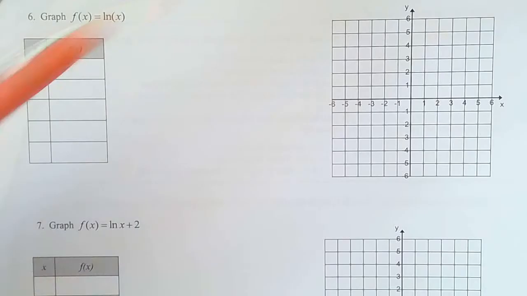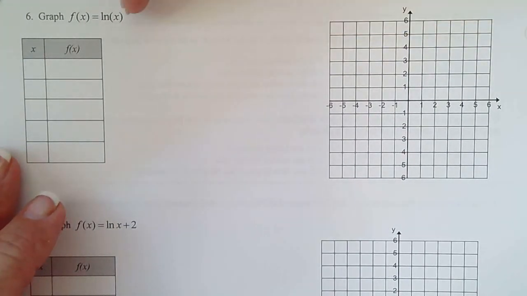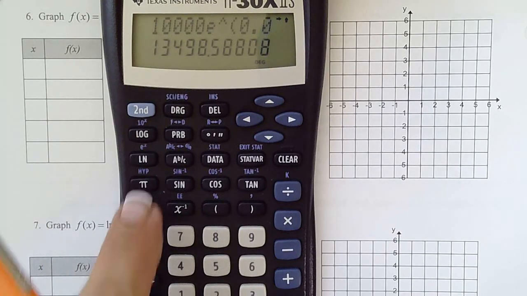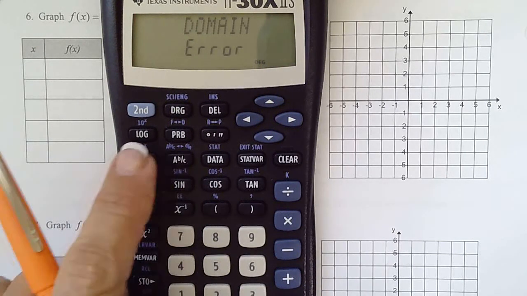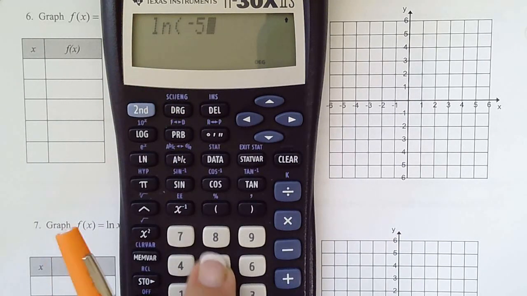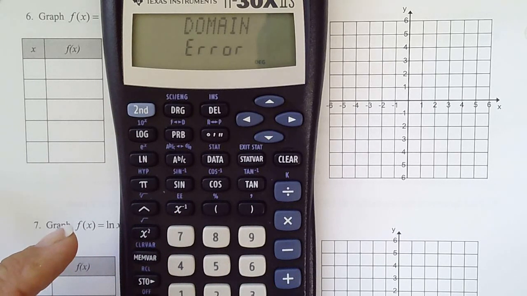So we have to use a little bit of knowledge here. We learned that the argument has to be positive. And we learned this in 8.4 because if you do the log of 0, for instance, it's going to say, nope, don't know how to do it. If you do the log of -5, for instance, it's going to say, nope, don't know how to do it. We only know how to take the logs of positive numbers.